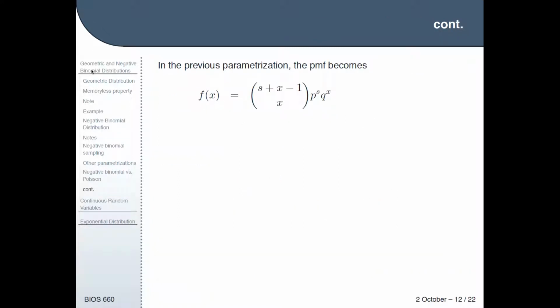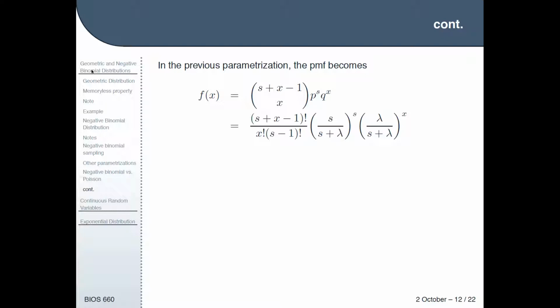Anyway, if we define the Poisson distribution the way I did on the previous slide, using the alternative parameterization where we're counting the number of failures before you get S successes, and you write out the formula for the PMF, that's of course going to be (S plus X minus 1)! over X!